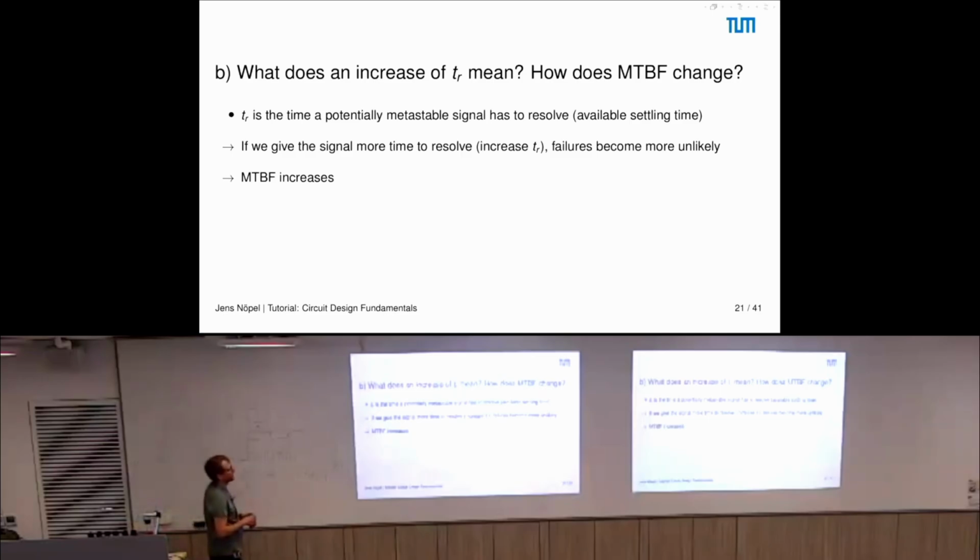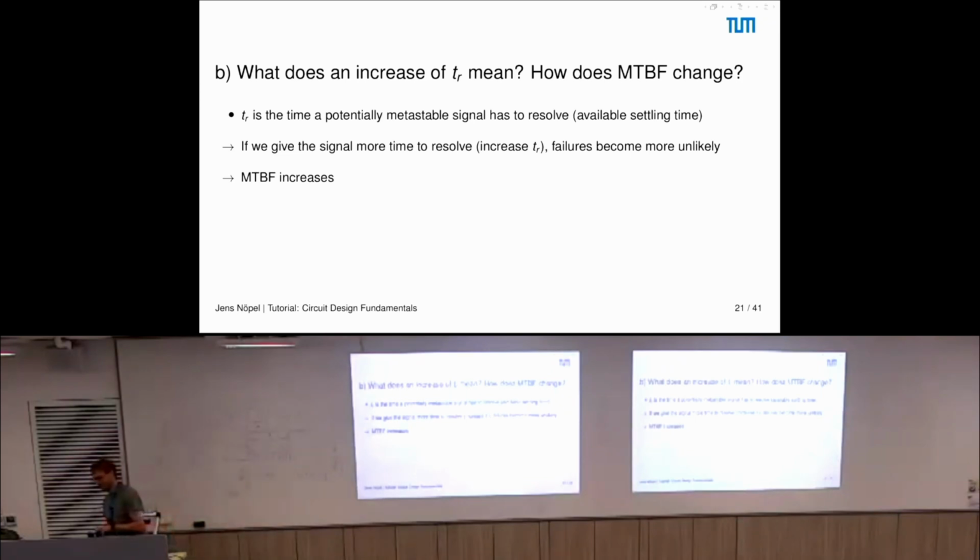And now the question is, what happens if we increase TR? This means we give the metastable signal more time to settle, and this results in the probability decreasing, right? That we get a not settling metastable event.